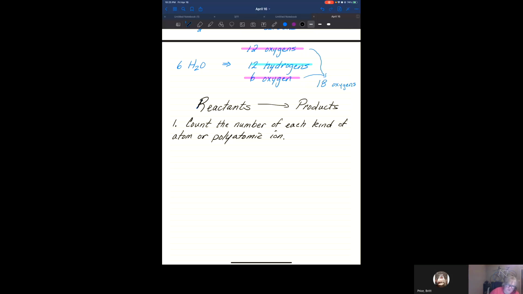Now we get to start to balance. Where do I start? Once you have those counts down, now we get to start to balance. Often, starting with the most complex and going to simpler ones works really well.